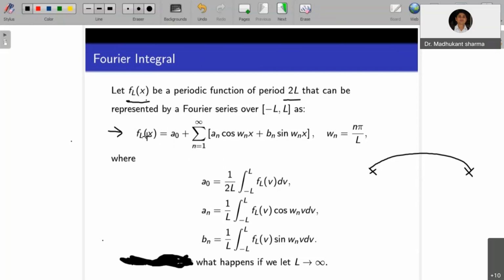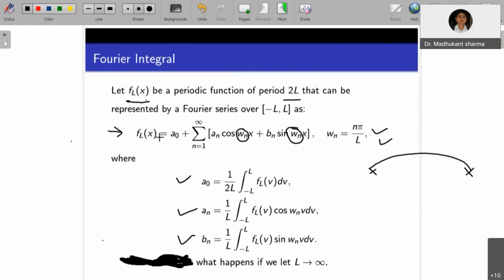If it is not continuous at a point, you get the average of the left hand limit and right hand limit; you can recall that convergence theorem. Here the notation Wn is given by n pi x by L, and these are the Euler's coefficients A naught, An, and Bn.